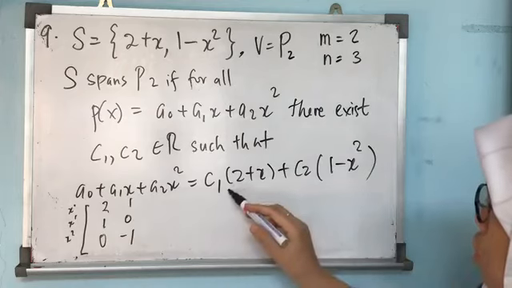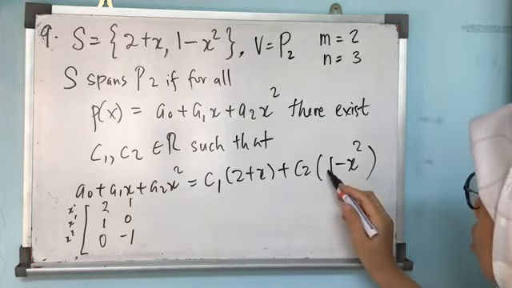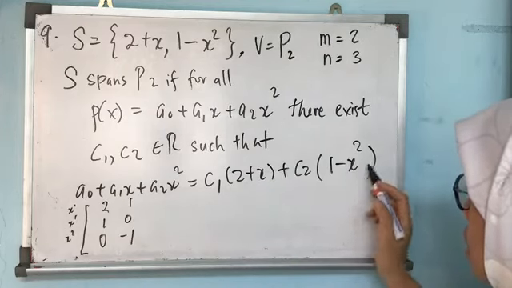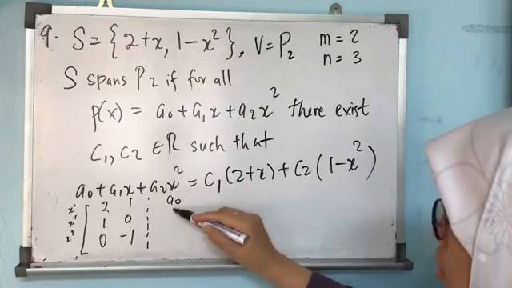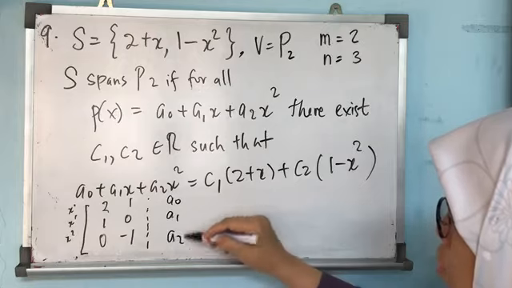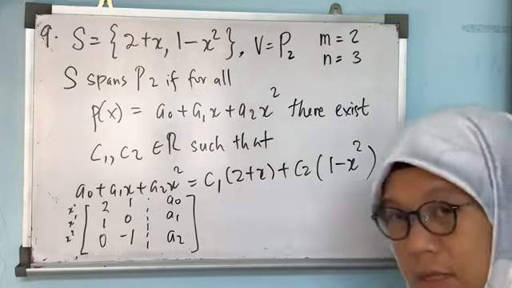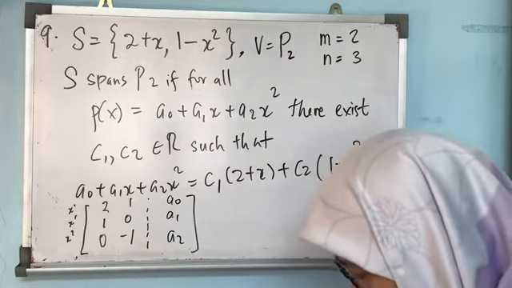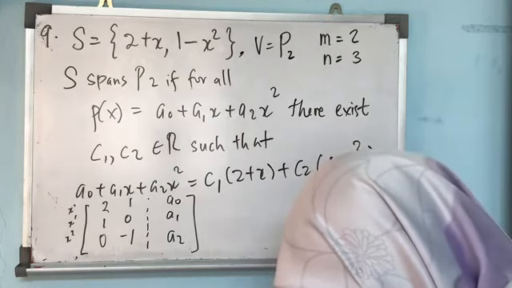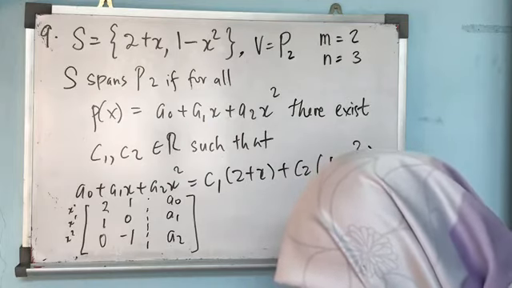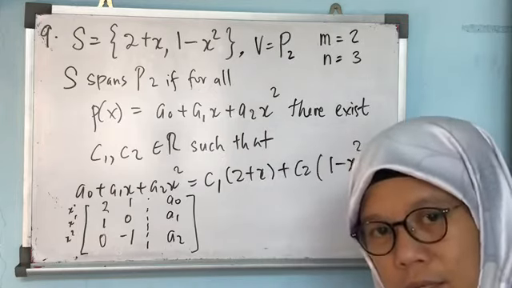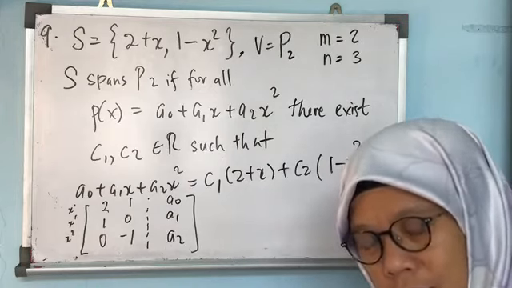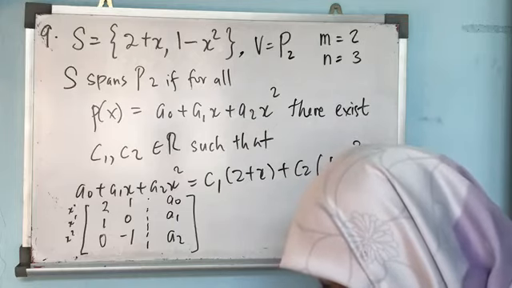Okay, 2, 1, 0, 1, 0, negative 1. 2 of them. Then this one is a0, a1, a2. That's it. Okay, I used r, s, t in the book, it doesn't matter. So you solve this.